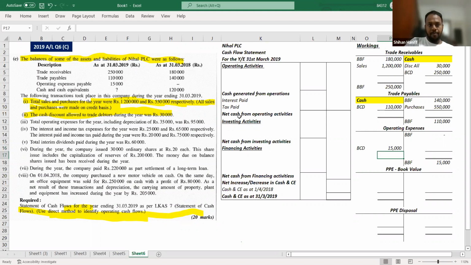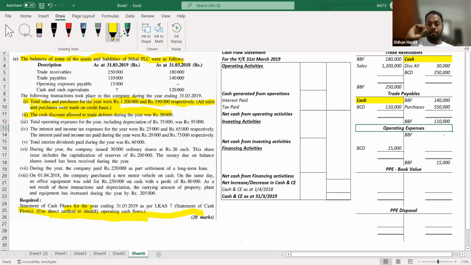Operating expenses payable 15,000. Expenses, we have to deduct the depreciation and take the balance.